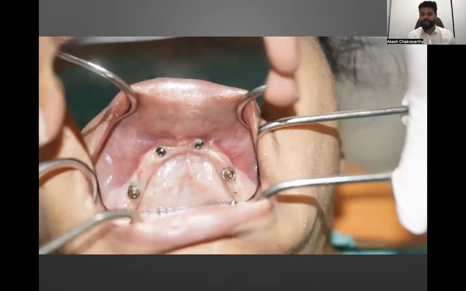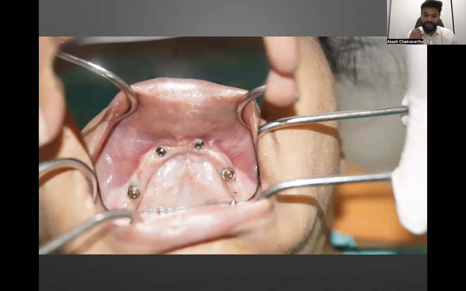Now, this is a picture of multi-unit abutments of a patient after 6 months of the implant. After the implant placement, she had a temporary prosthesis. So when we were taking it out and making a permanent prosthesis, we had taken this picture. Now look at this image. You can see a nice pink mucosa around the implants, nice good seal around the implants.